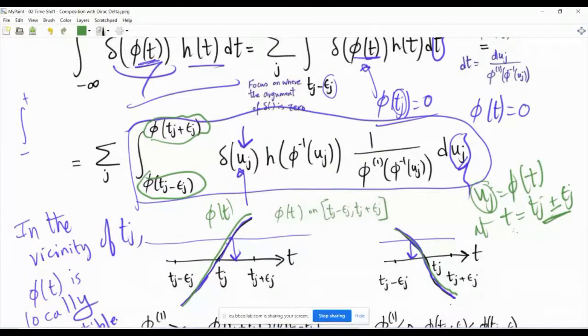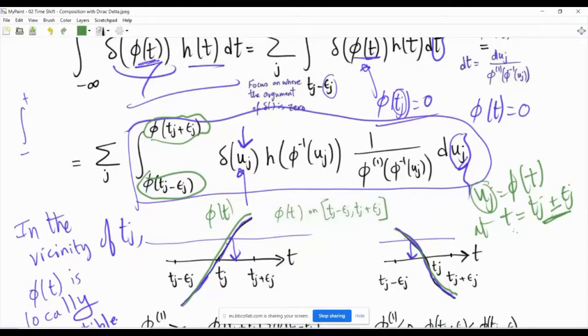The derivative of the function phi is a continuous function. So if the derivative is positive at tj, it is positive in a neighborhood of tj. And if it's negative at tj, it's negative in a neighborhood of tj. So the function itself is either strictly increasing or strictly decreasing in some neighborhood of tj.